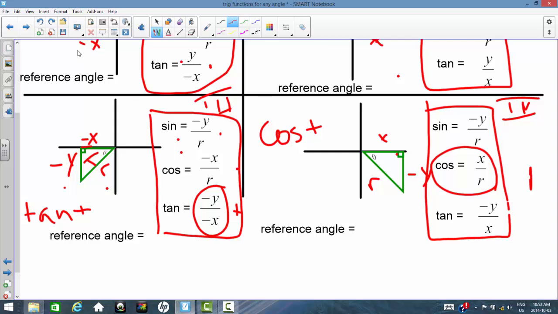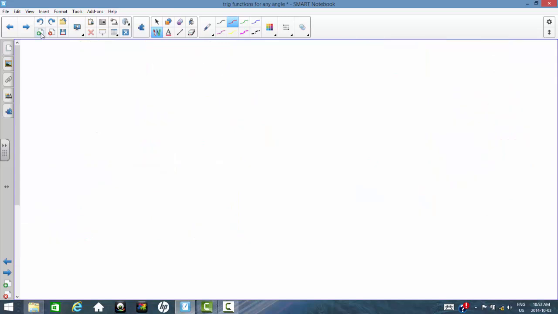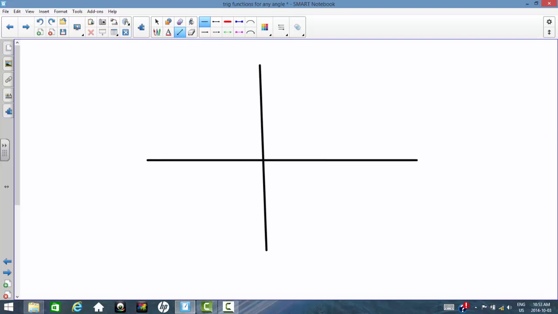So I'm just going to open a new page and show you how I remembered them. You can take it or leave it, but this is the way that I learned. When I was looking at the previous slide, all of them were positive in the first quadrant: sine, cos, and tan.